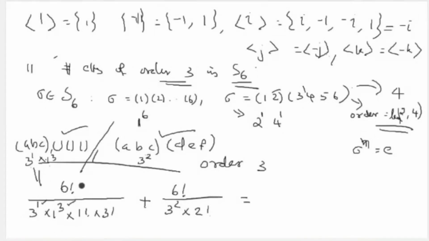Here you have 1 into 2 up to 6, and the 3 factorial gets cancelled. So 4 into 5 into 6, and the 3 gets cancelled, so 4 into 5 into 2. What you are getting is 40 for the first term. And for the second term also you are getting 40. So there are 80 elements of these two structures.